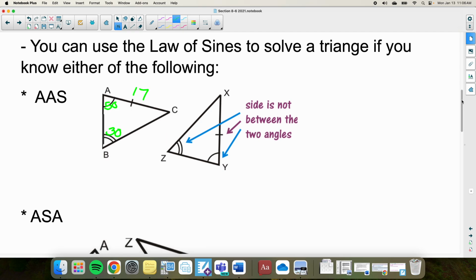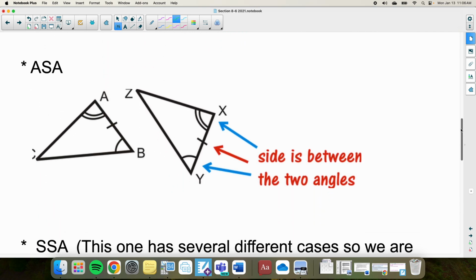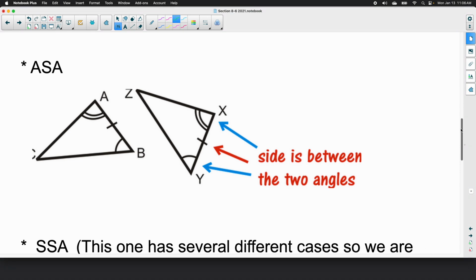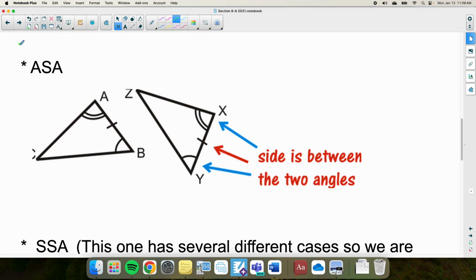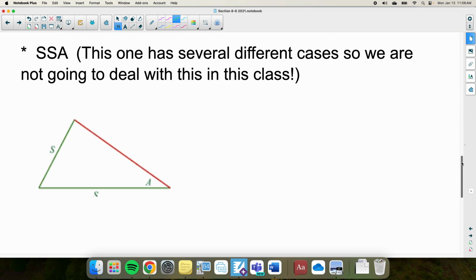The other way that you can use law of sines is if it's angle side angle, where the side is right in between the 2 angles. Okay, the side is right in between the 2 angles, you can use it then. So if you knew this was 30 and this was 50 and this was 17, again you can use law of sines, okay?